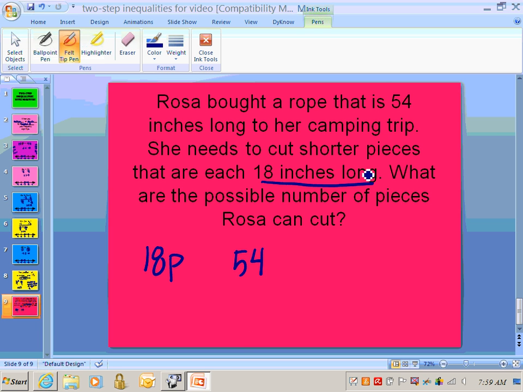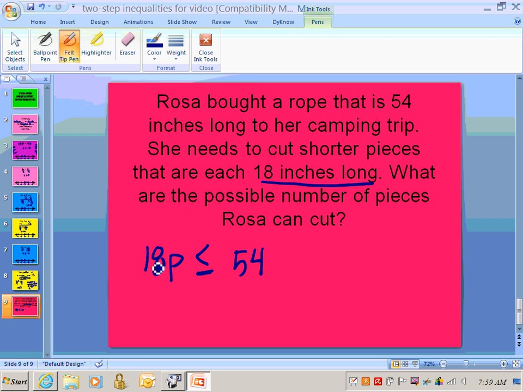Now, we could cut it. It could go in exactly if 18 divides into 54, and it could be equal to 54. Or the number we can break the pieces into has to be less than 54. 54 is the maximum amount because that's the length of our rope.